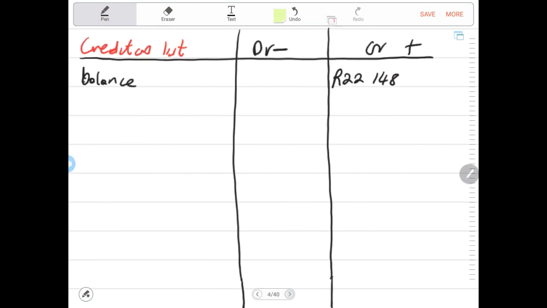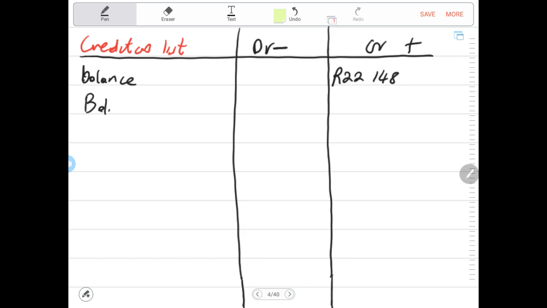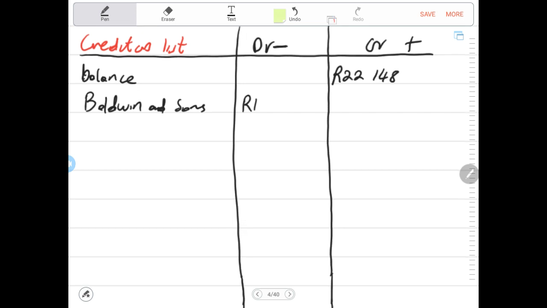In our list of creditors, we also need to record Baldwin and Sons. We are now reducing in the general journal or list of creditors. We decrease on the debit side.